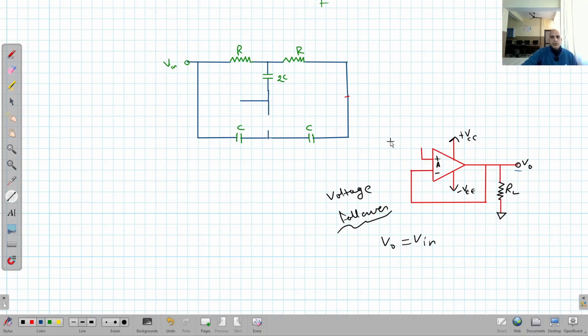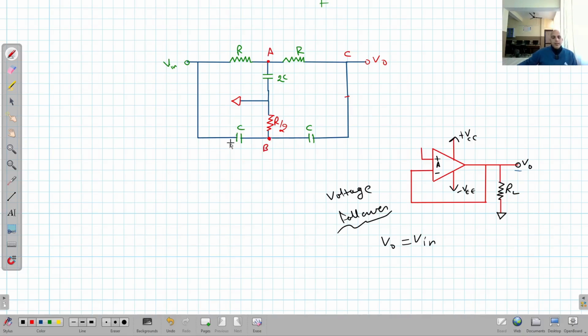In that case it will become like this: this is resistance R by 2, because it was on ground, so we can make both one ground. Now this is 2C, this is C, and this is V output. This is node C, this is node A, and this is node B.